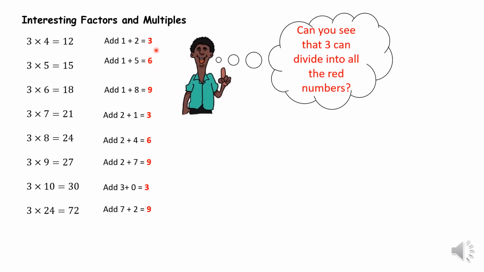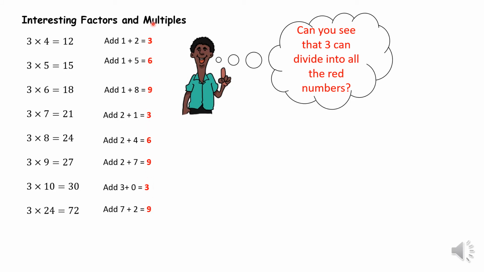The same applies when you add 1 plus 5, you get 6, 1 plus 8, you get 9, 2 plus 1, you get 3, 2 plus 4, you get 6, 2 plus 7 gives you 9, 3 plus 0 gives you 3, and 7 plus 2 gives you 9. So when you look at those numbers that I have here in red, you will see that these numbers in red are all numbers that 3 can go into. They are divisible by 3.